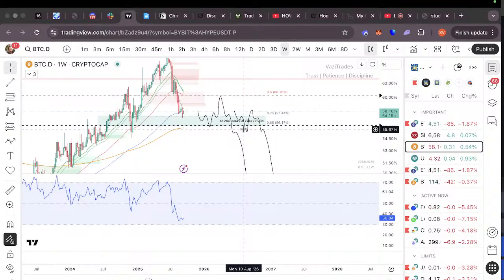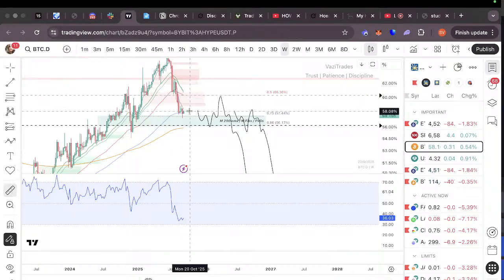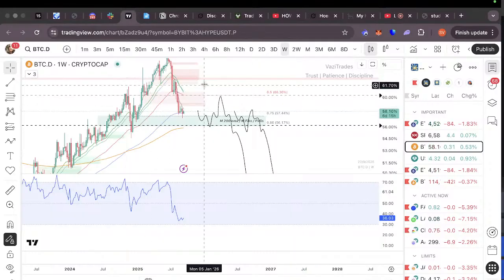If price comes to 0.75 Fibonacci, consider it as a support. Next resistance after the bounce usually stands at 0.5. So which means Bitcoin dominance can give a bounce of 3-4% till 0.5 Fibonacci and then reject. It also aligns with these EMAs, FVGs, right?